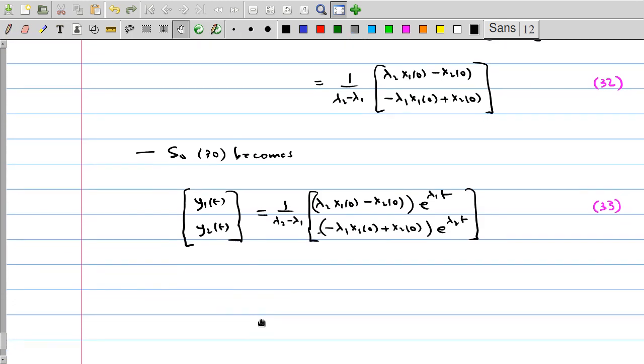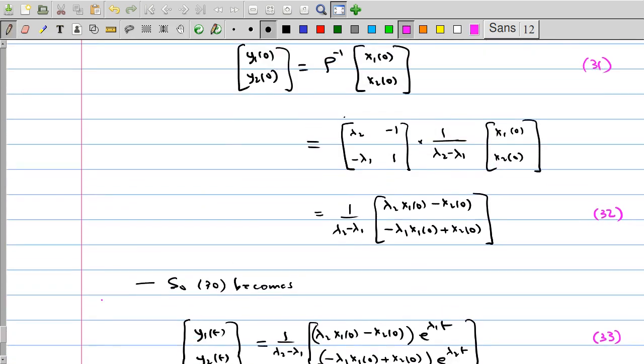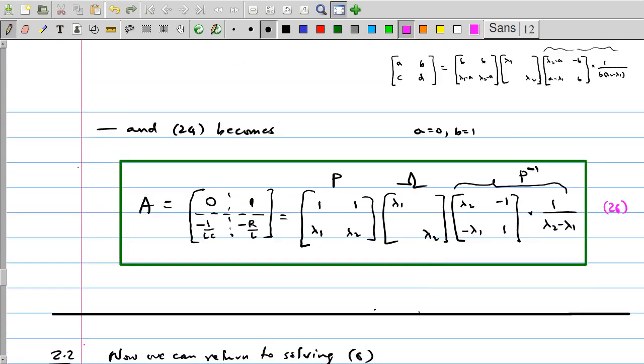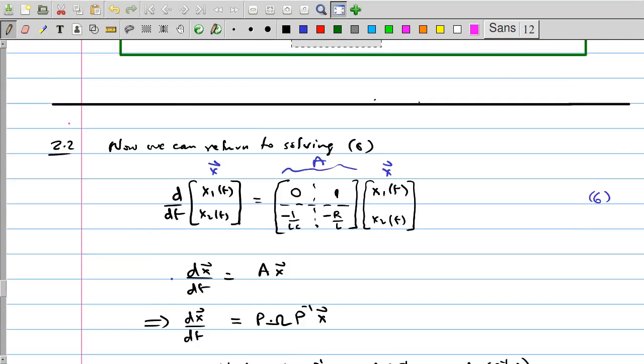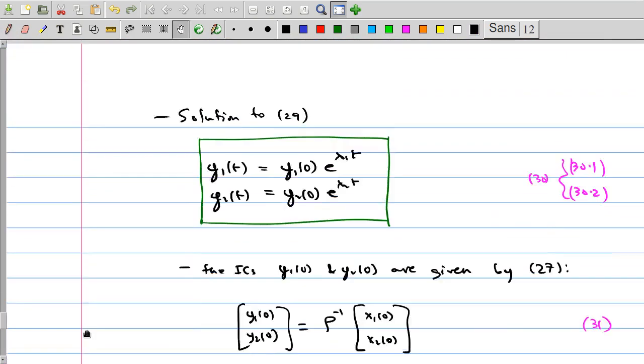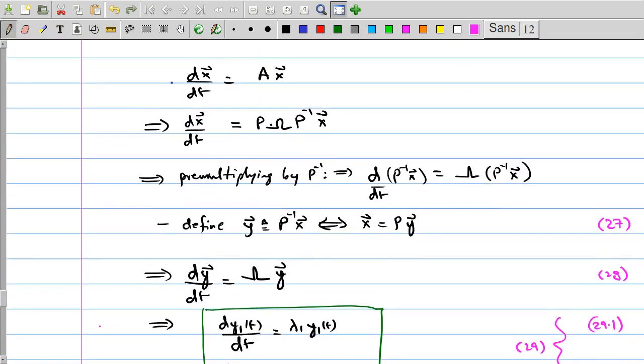Now the last step is to apply p to y to get x. So we'll just have to do one more matrix multiplication, and then we are finally done. And let us hope that that matrix is not too bad. It's actually not that bad. It's 1 1, lambda 1 and lambda 2. And mind you, in the case when the thing is complex, lambda 1 and lambda 2 are obviously going to be complex conjugates of each other.